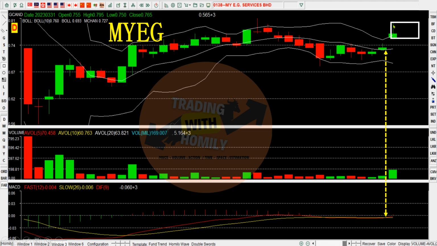So that means here is a strong resistance. From the indicator, we can see now the price is ranging between the upper channel and the middle channel. So that means now the price is in the strong area.